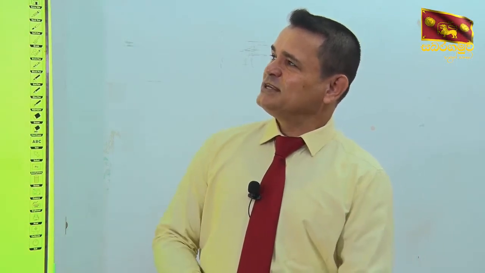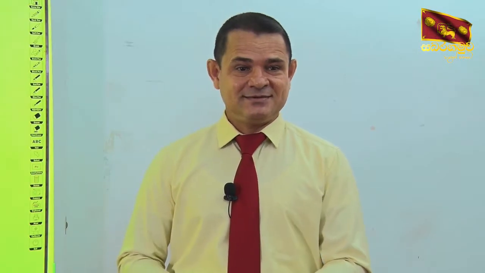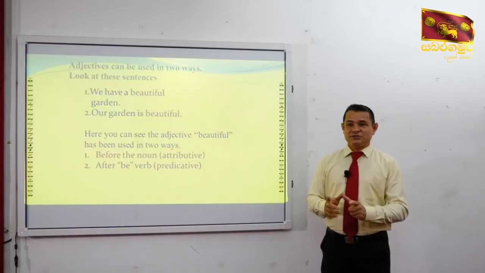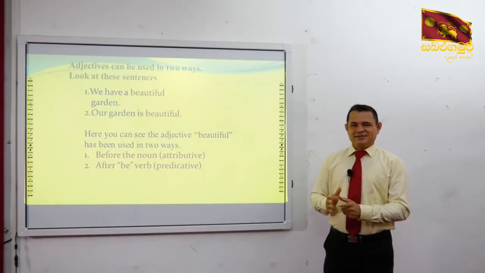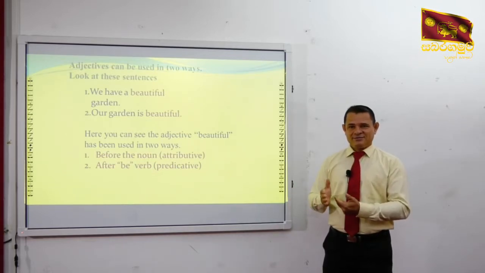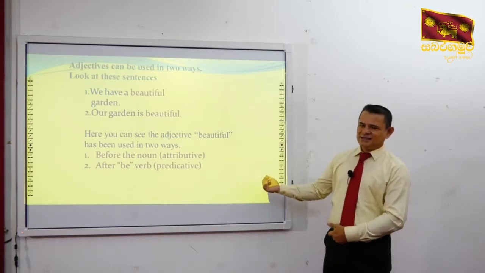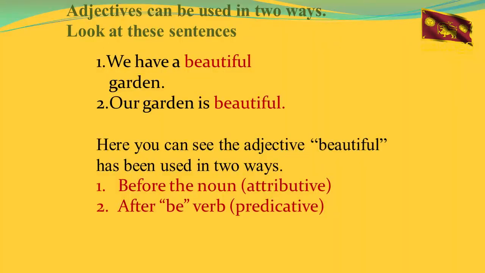Adjectives can be used in two ways. Now you read the previous sentences, and in some sentences you saw the adjective was just before the noun. Tall tree: before the noun tree, there is tall. And in the next sentence you saw it in another way. So it can be used in two ways. Look at these sentences. We have a beautiful garden.